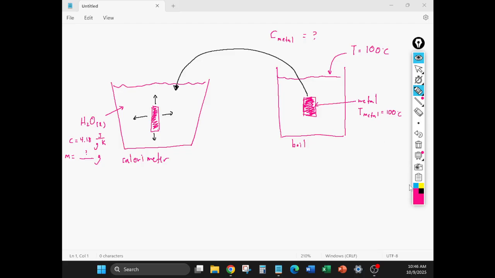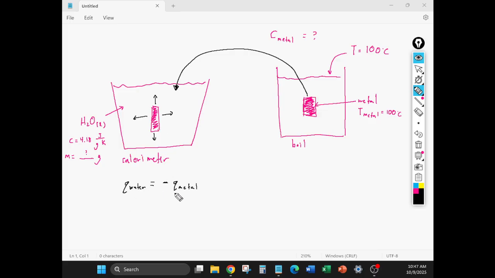And so let's start putting an equation to this now. So what's going to happen is the amount of energy, the heat that the water in the calorimeter absorbs is going to be equal to minus the amount of energy that the metal releases.